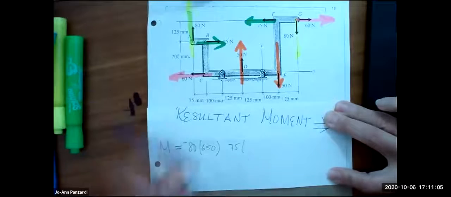Hang on a second. We already know the resultant force is 0. That's right, because all of the forces are couples, and so there may or may not be a moment. And 75 times, we're looking for the perpendicular distance between the 75 Newton forces, which I see is 125 millimeters.